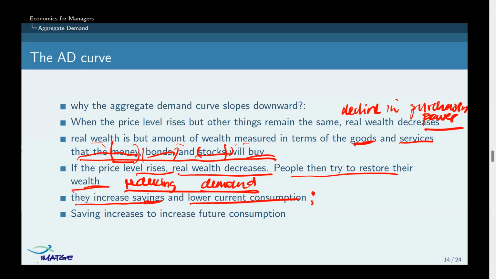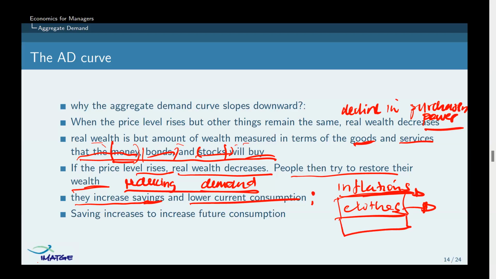It's quite common sense that when inflation hits, or when price levels increase, if you were buying, let's say, clothes on a monthly basis, now you see that things are getting tougher and tougher. You are going to cut back on some of the budget allocations that you're assigning to clothes or to holidays or any other expenditure that you can think of.